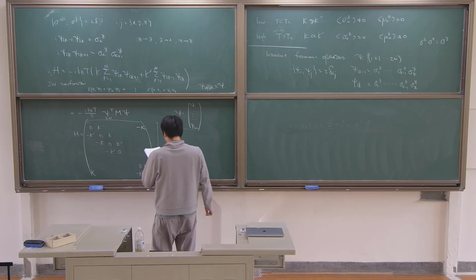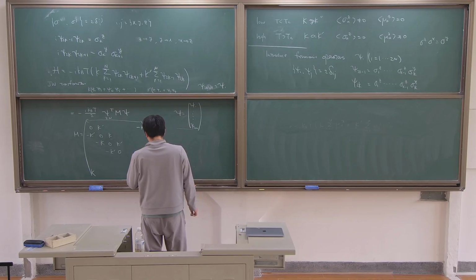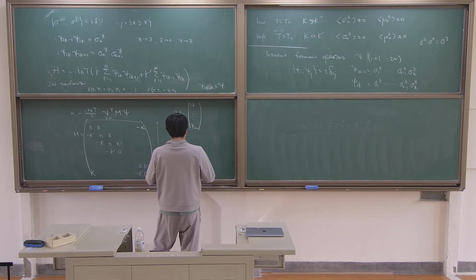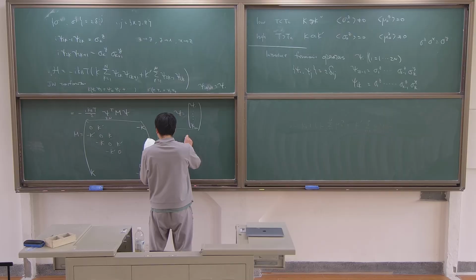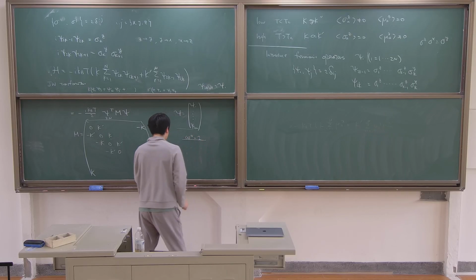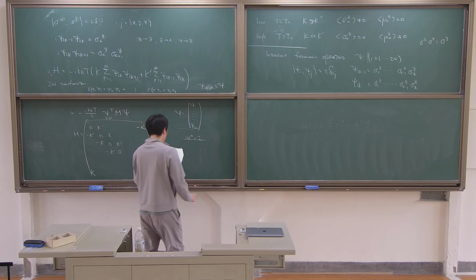What we need to do is that we just consider the vector, where omega is the nth root of unity.